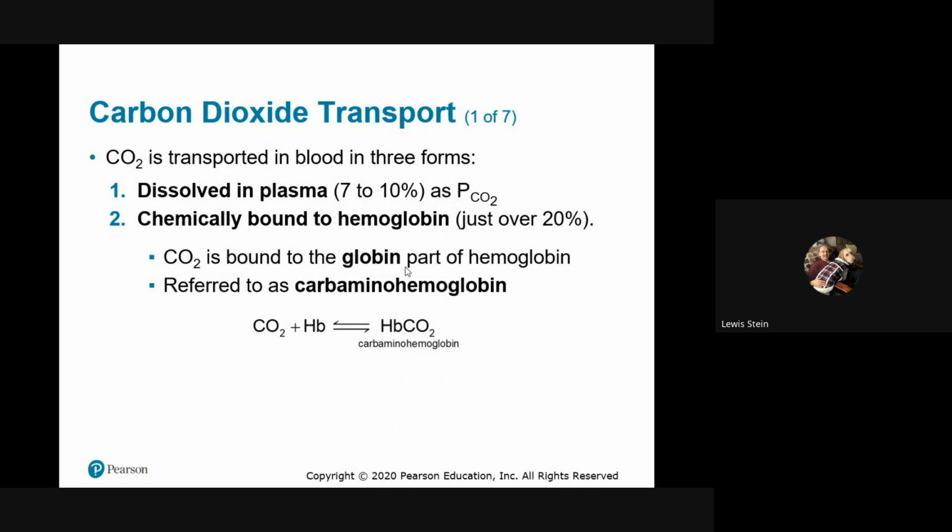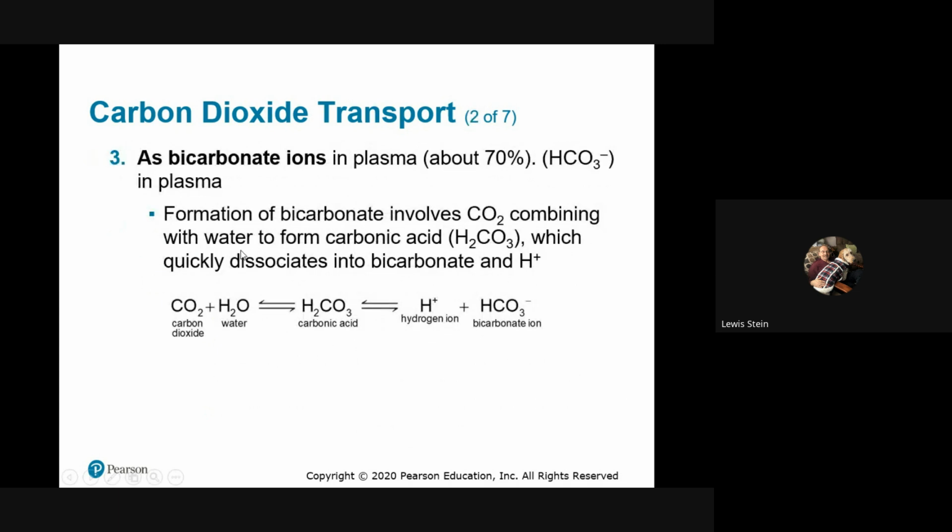It doesn't work that way. The vast majority, 70%, dissolves in the plasma and forms that remarkable, it's the beauty of double duty. We take our 2 waste products and we make the single most important buffering system in the body.